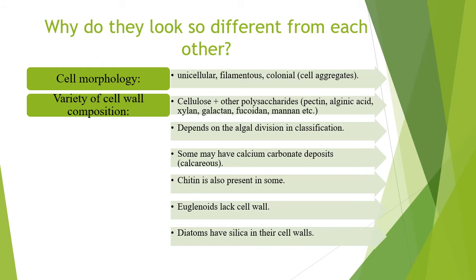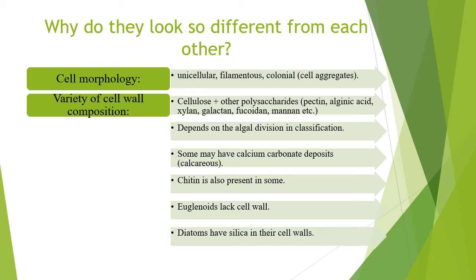Now, let us know why they look so different from each other. As we are talking about the external look or morphology, there must be something about their internal structure or organization which is actually determining their external outlook.